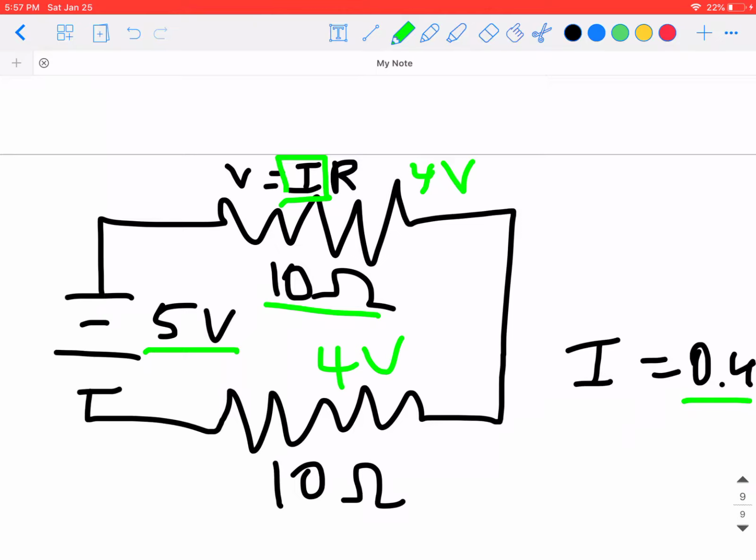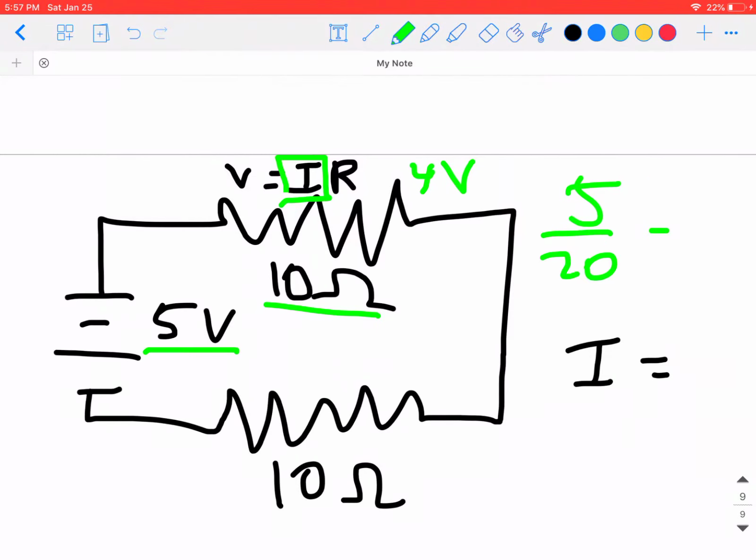Wait, did I do that right? 5 over 20, 1, 4. Oh, whoa, I did not do that right. Never mind, I apologize. That's not a current of 0.4. Because if you take a look, 5 over 20 is just 1/4, and that's 0.25. Oh my god, I'm so sorry about that.